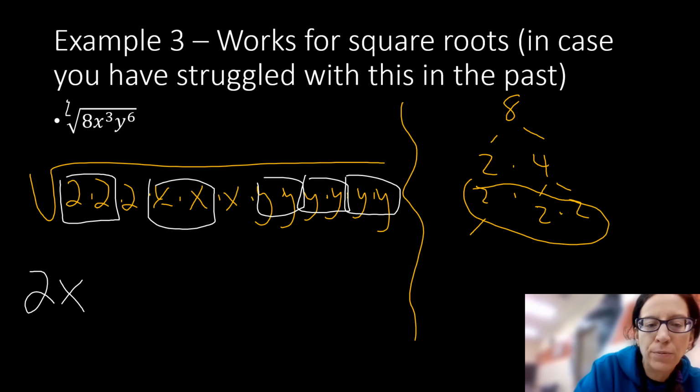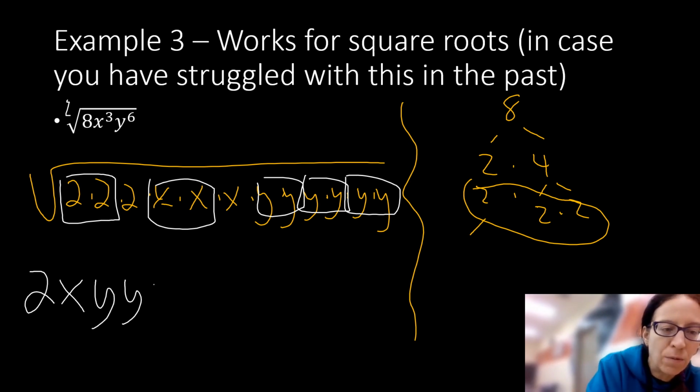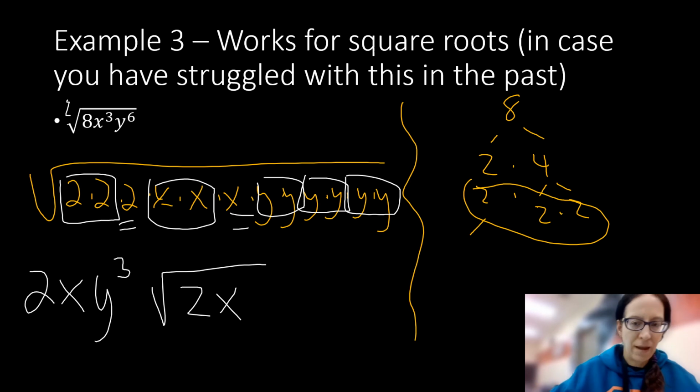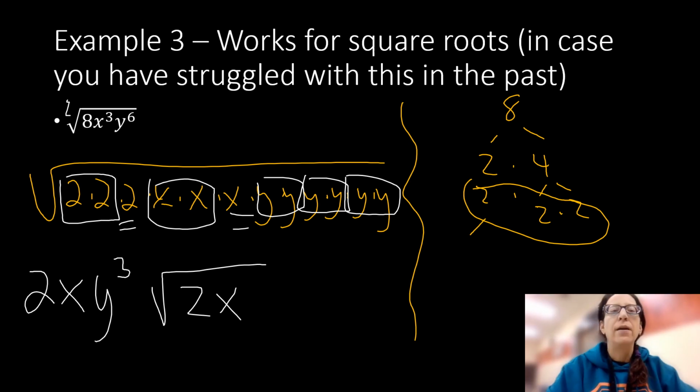Now I have 3 groups. So some of you might go, okay, that's y times y times y. Now most of us don't write y times y times y. We would say y to the 3rd. And then see what's left underneath. So we're still left with a 2. We are still left with an x. And we're done. Ta-da!